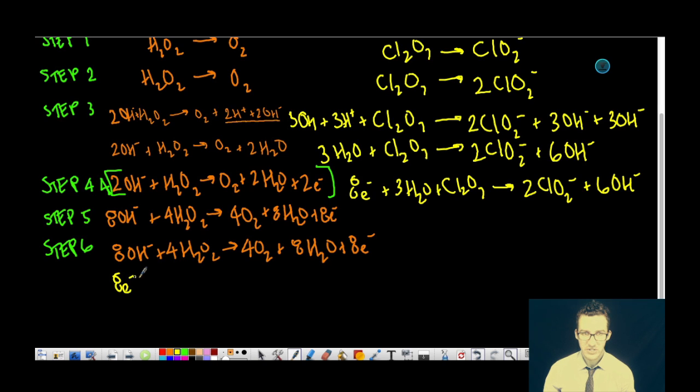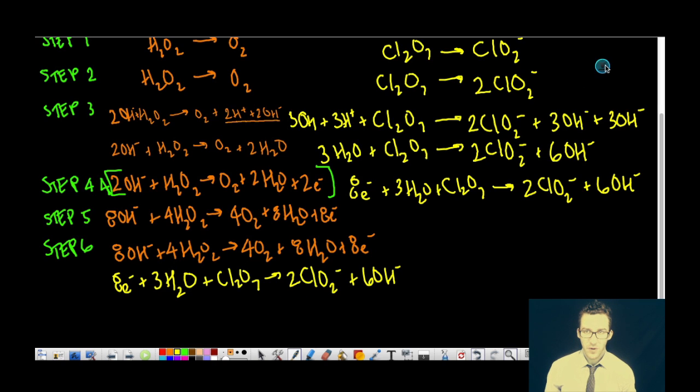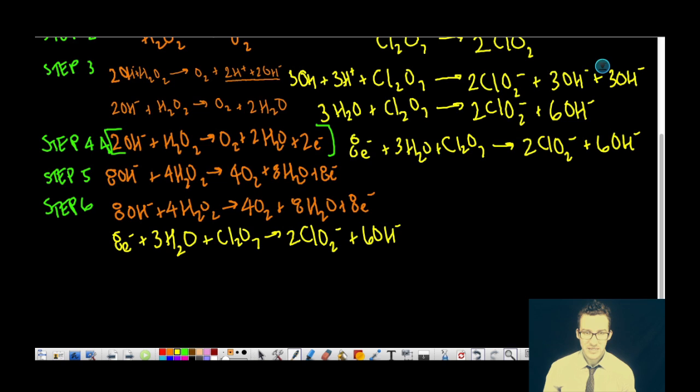And then our reduction half reaction, we're gaining 8 electrons. As the reaction proceeds, Cl2O7 forms 2 ClO2 minus plus 6OH minus, giving us our overall balanced redox reaction.